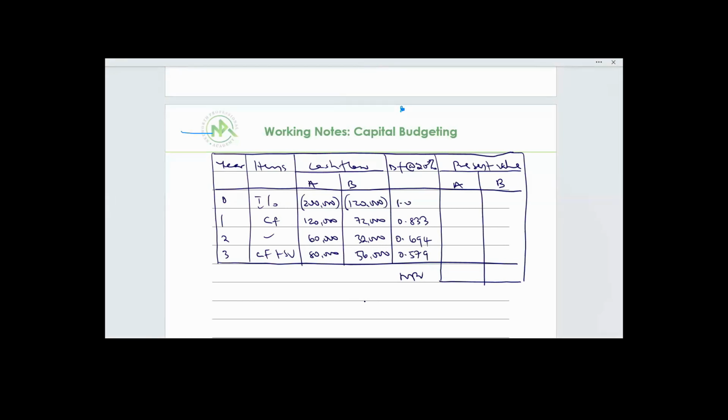Here is 1 multiplied by 200 is 200,000. Therefore, 120,000 year one multiplied by 0.833 equal 99,960.